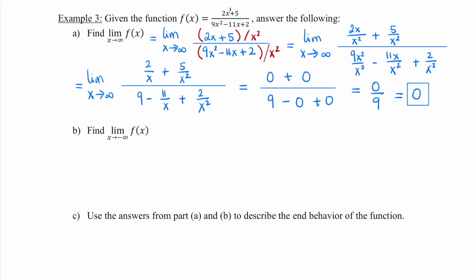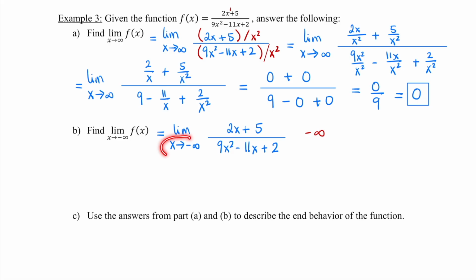Next, to find the limit of f of x as x approaches negative infinity, we replace f of x with this fraction. As x approaches negative infinity, the numerator approaches negative infinity.